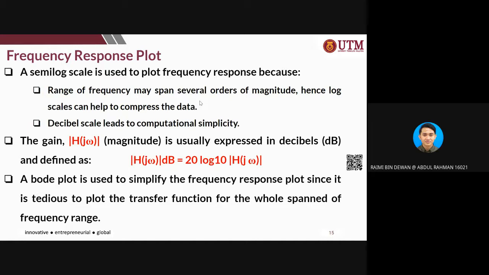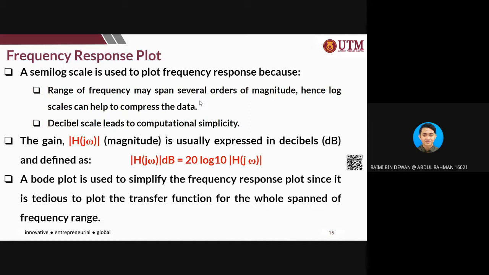So you cannot, in a normal graph, plot this effectively because the range from one data to the other data is very wide. And sometimes it can be very narrow.